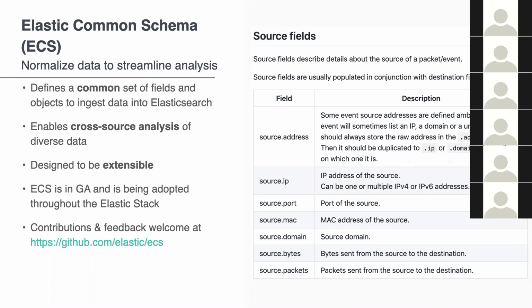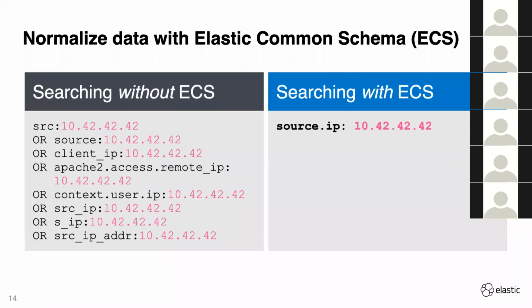Let me just show you an example and clarify the idea. Imagine we have different network devices in our company or in our infrastructure, and these devices come from different providers. The same information, like the source IP address, which is 10.42, has a different field name, like SRC, source, or client IP.